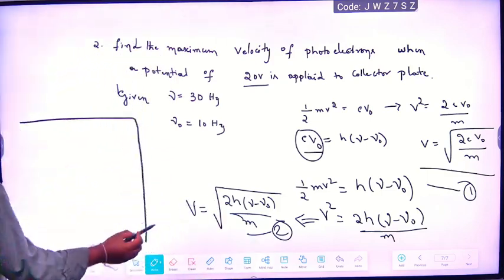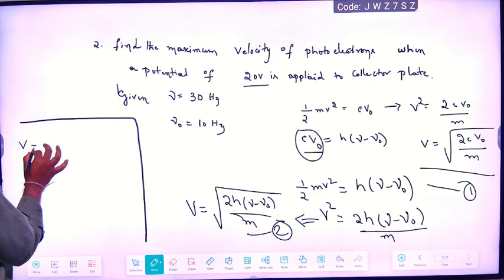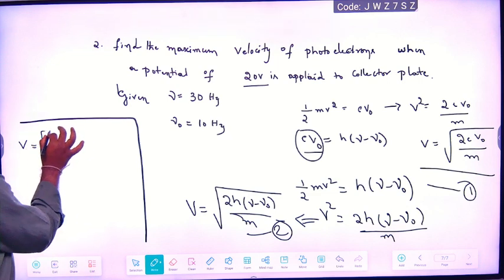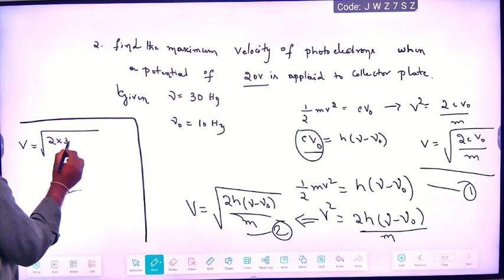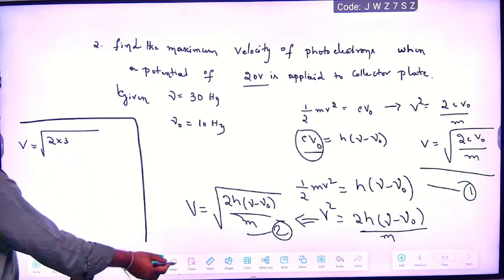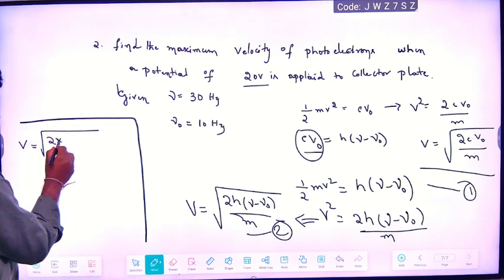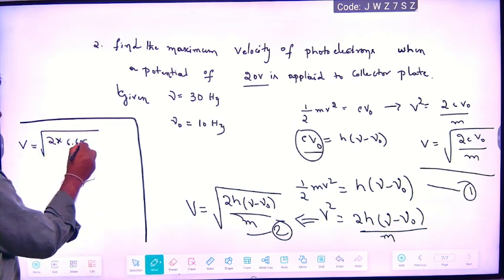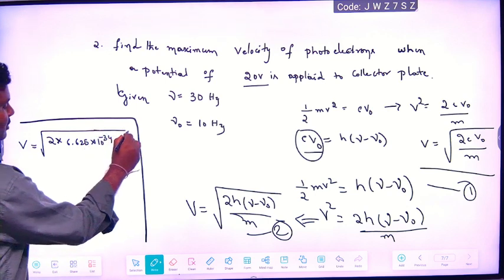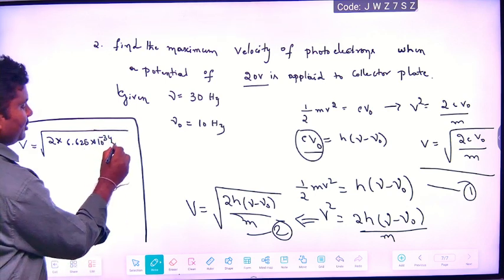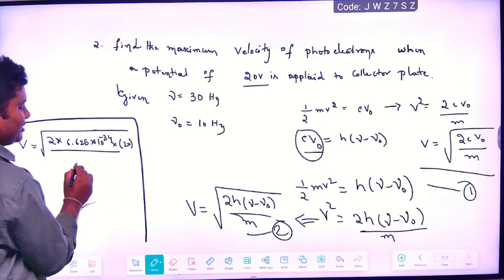Take this question. V is equal to under root 2 into 6.625 into 10 to the power of minus 34 into the frequency difference. How much? 30 minus 10 is 20, divided by the mass of electron.